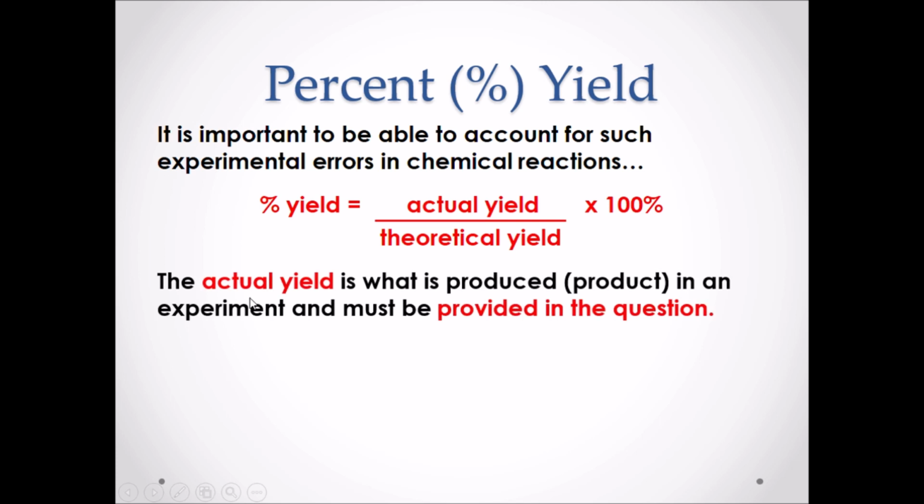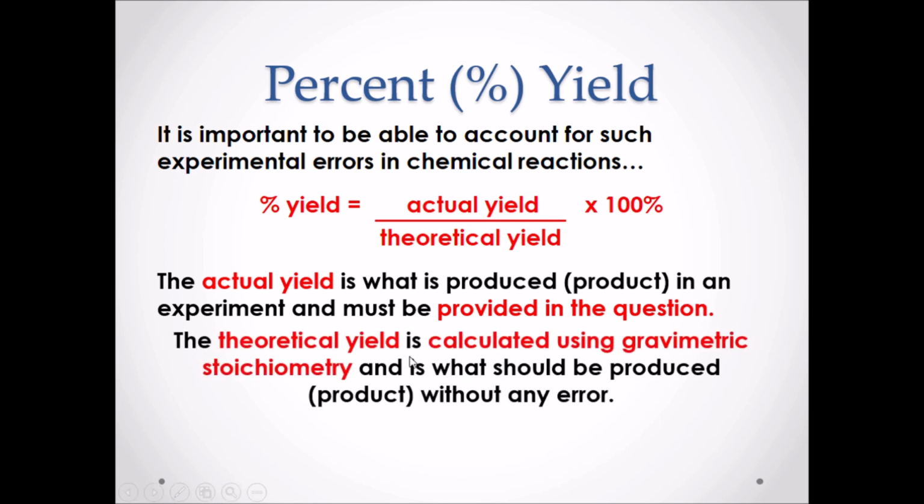The actual yield is the amount of product produced during an experiment, or this value must be provided in the question. The theoretical yield is calculated using gravimetric stoichiometry and is the amount of product that should be produced if there were no experimental errors.